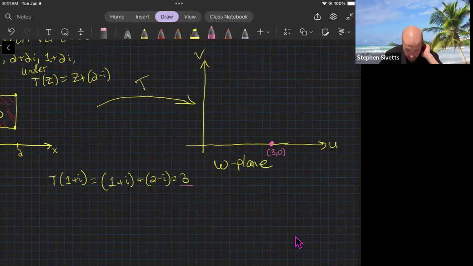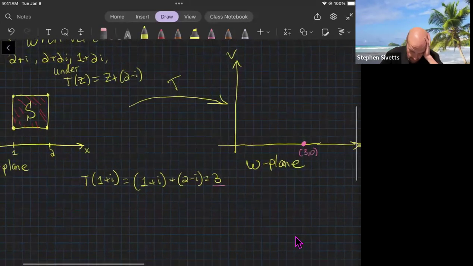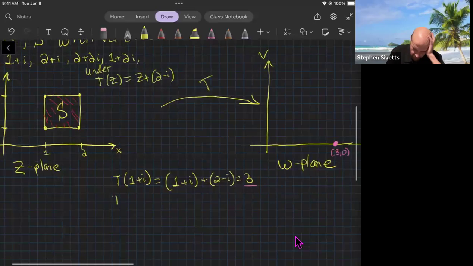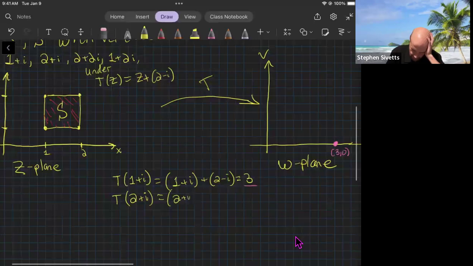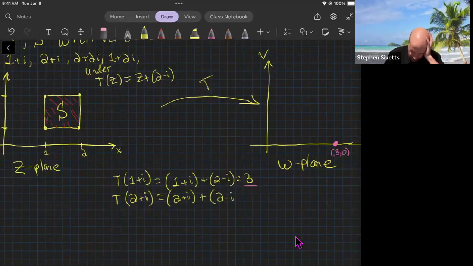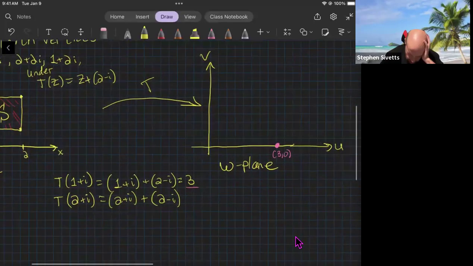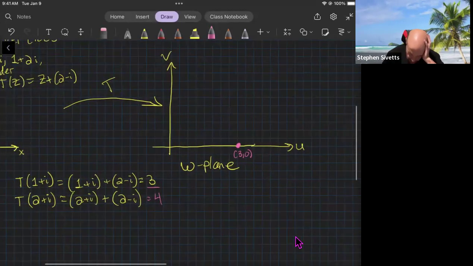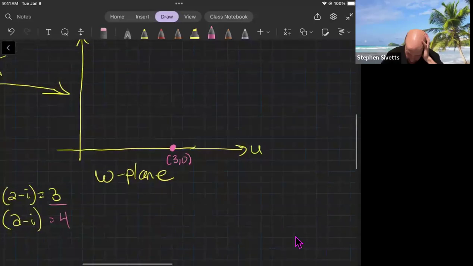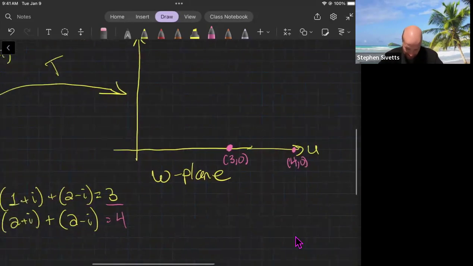So that will correspond to 3, 0 in the w-plane. If I look at the second vertex, 2 plus i, this would equal 2 plus i plus 2 minus i. So that will cancel the i's, and we will get 4. So the point 2 plus i in the z-plane will correspond to the point 4, 0 in the w-plane.